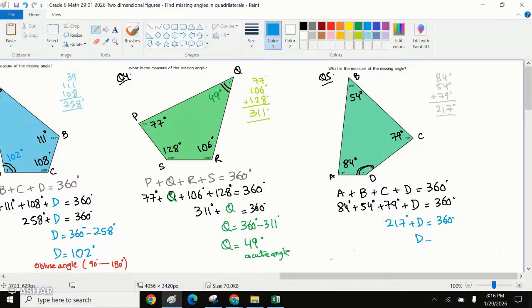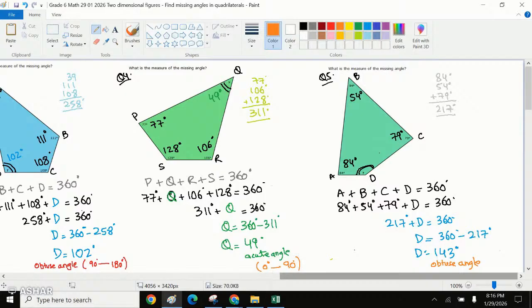That means angle D comes out to be 360 minus 217, and the angle D would be 143. And we know that 143 would be an obtuse angle. This is some extra information, because acute was between 0 and 90, and obtuse is always between 90 and 180.